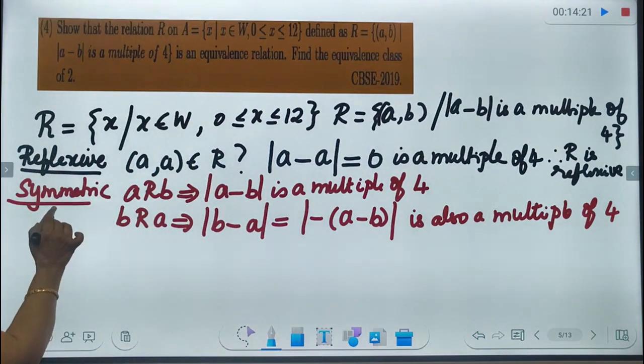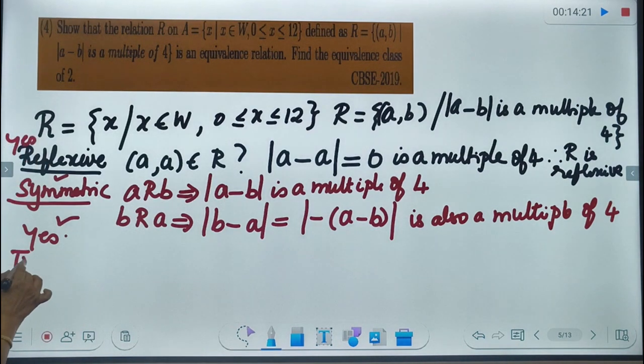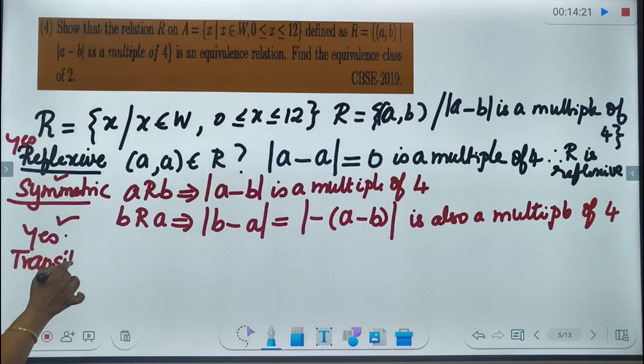So R is symmetric. So it is symmetric, it is reflexive. Yes. Next we have to check whether it is transitive.